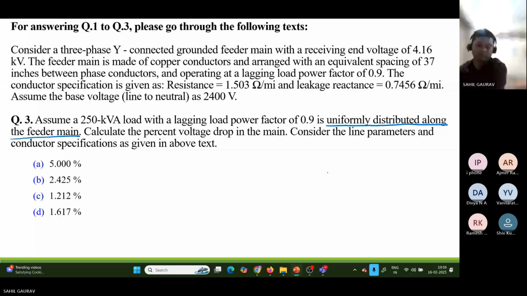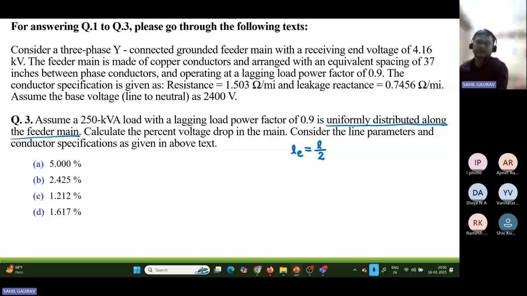So what will be the percentage voltage drop? In question 2, we got a percentage voltage drop of 2.425%.